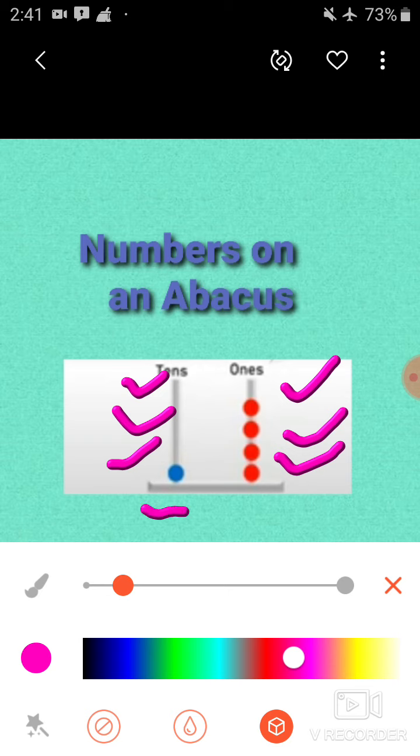Okay, it means 10, and there are 4 beads in the right spike. That means 4. So this abacus shows 1 ten and 4 ones. It means this abacus shows the number 14. You know very well, 1 ten and 4 ones make the number 14.